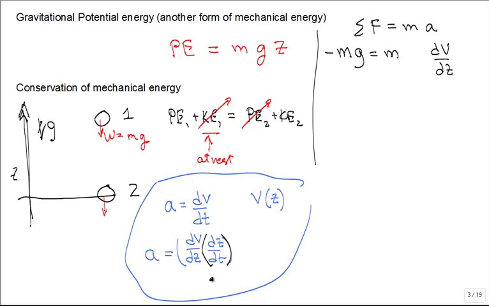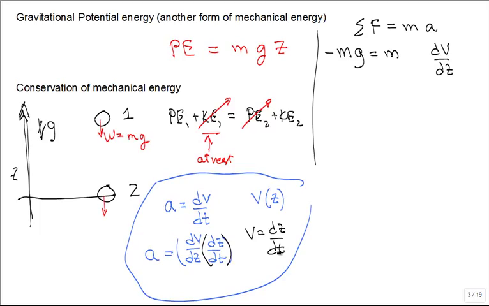Okay, let me think about this for a minute. So v is equal to dz/dt. True? Okay, that's good. There's one thing I need to do, though, and that's this negative sign that's going to be bothering me a little bit. Okay, so if v is positive, which way is the object going?